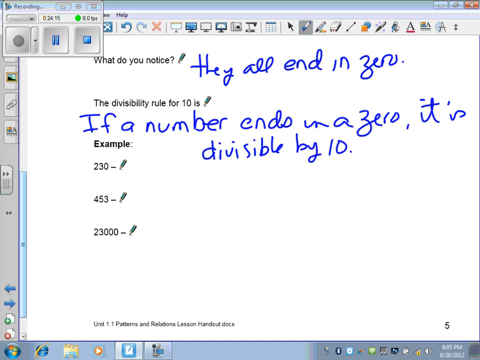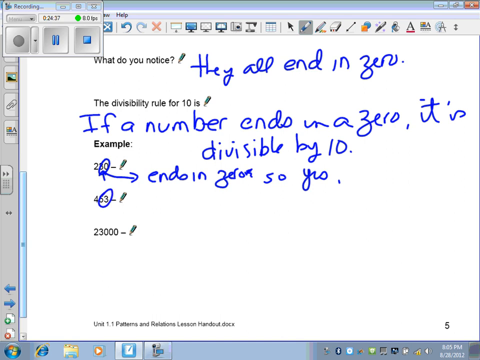Okay, 3 quick questions. You should be able to do them as quick as I can. 230. Does it end in a 0? The answer here is yes. So it ends in 0, zero. So the answer to that one is yes.